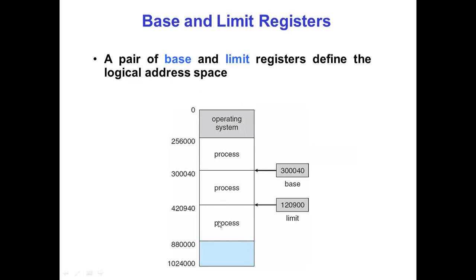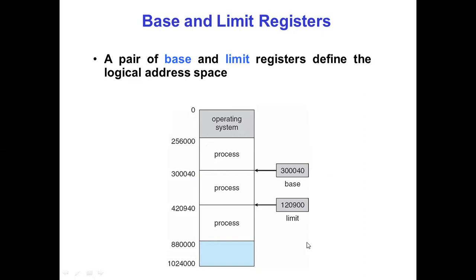It will depend on the length of the process, so the address is not fixed here, but it will depend on the allocation of this particular process, how much area is occupied by this process and this process. So accordingly, we can divide the address space.